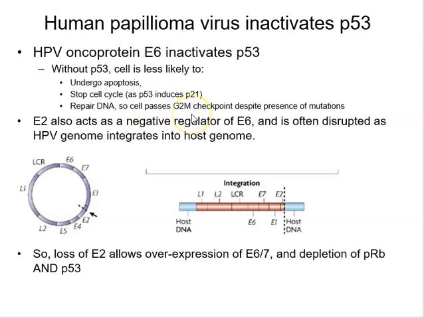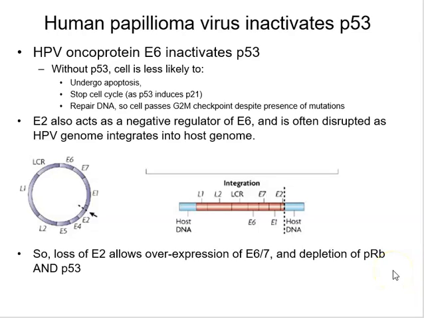So a cell passes through the G2M checkpoint despite the presence of mutations, and this is why the HPV virus can cause cancer, because cancer is a disease of accumulation of genetic mutations. So E2 is a natural negative regulator of E6 and E7, and if you get disruption of E2 by viral integration by complete accident, then you get overexpression of E6 and E7, and that's just like losing your PRB coding gene or your P53 coding gene.